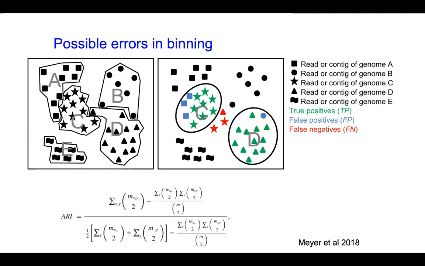This is a way of evaluating how well the bins have done. And this could be done by the CAMI challenge because they had a gold standard, so the actual real answer.